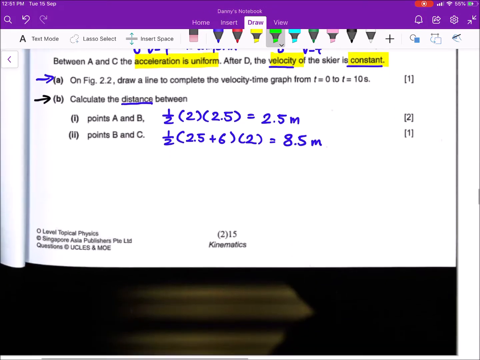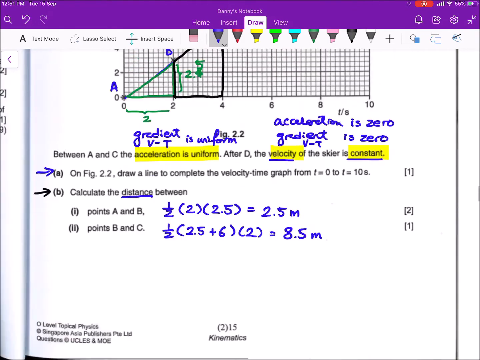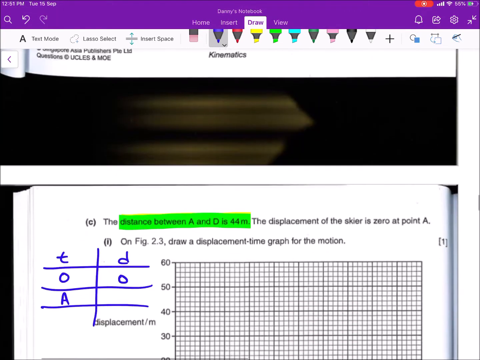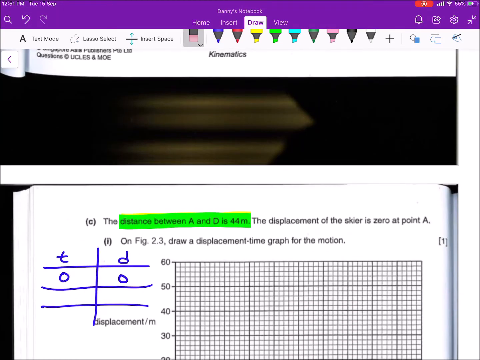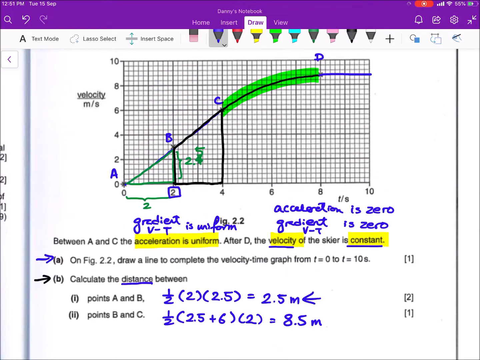So now since I'm asked to sketch a displacement time graph, I think it is easier if you construct a table for yourself. So at time 0, displacement will definitely be 0. When it reaches D, sorry, when time equals 2, then you would have traveled 2.5 meters.